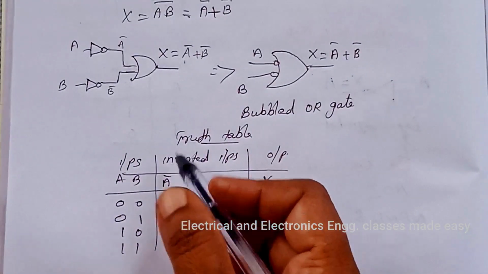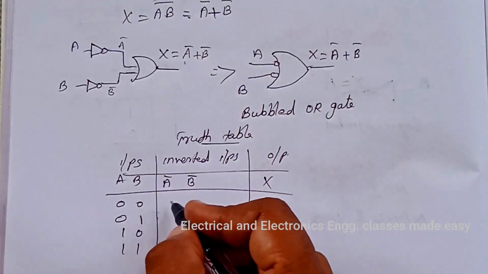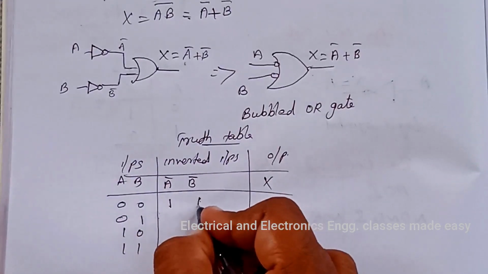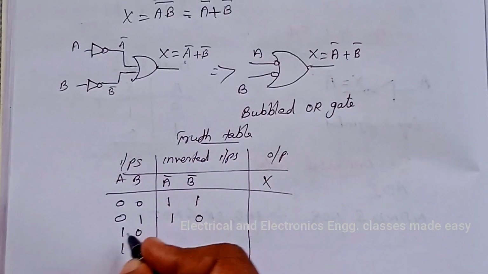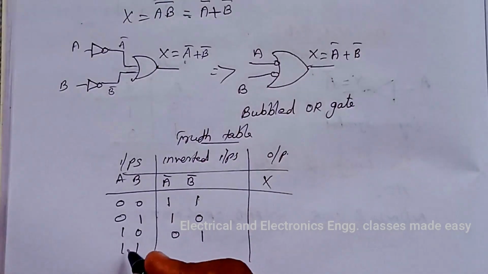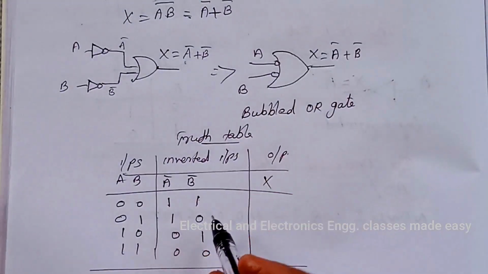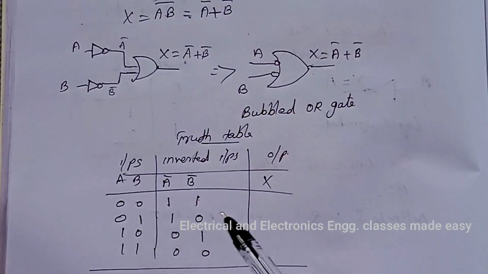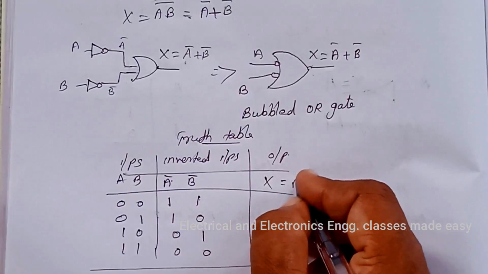And here A complement, that is 0, 0. Here 0 complement becomes 1. Then B complement 1. Here 0, 1, 1, 0. Then here 1 is 0. Then 0 complement 1. Here 1, 1. Then 0, 0. Now OR these inputs, that is A complement plus B complement, x is equal to A bar plus B bar.